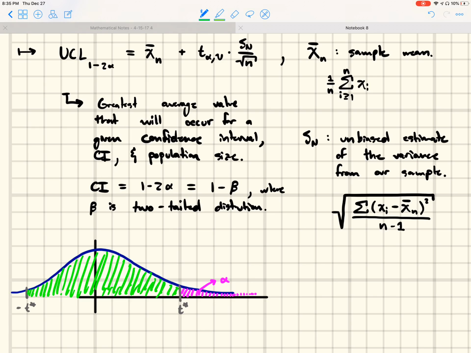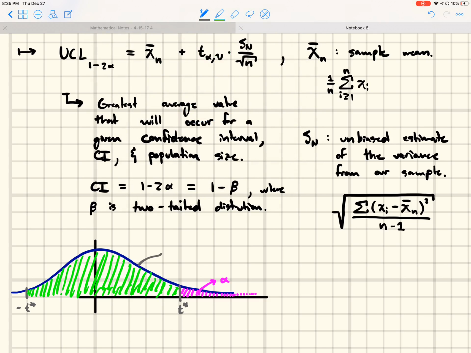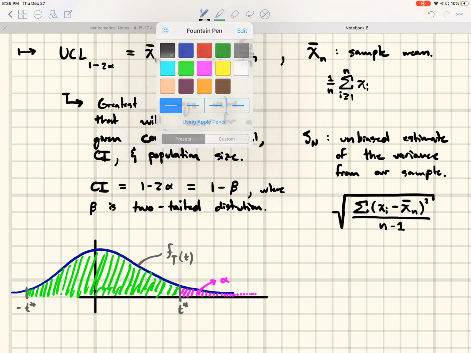And we're going to derive this distribution function. And schematically what this is saying is, given this is a probability distribution, the total area is 1.